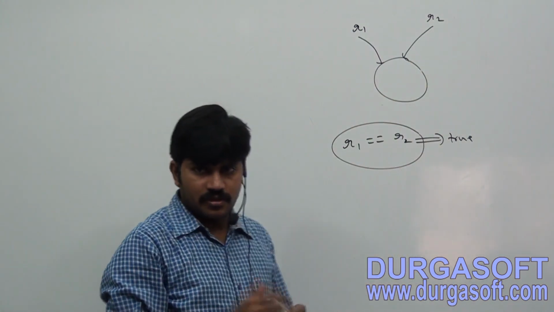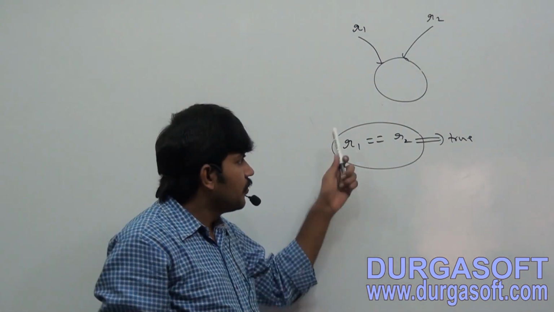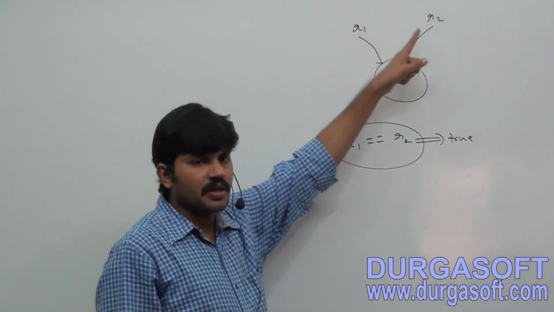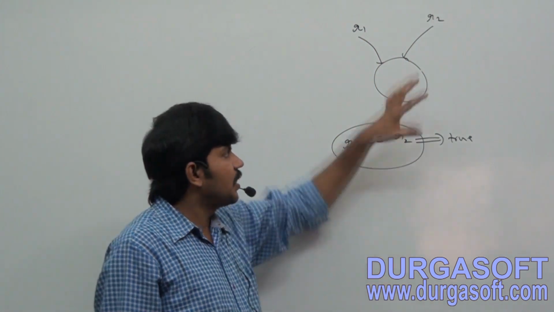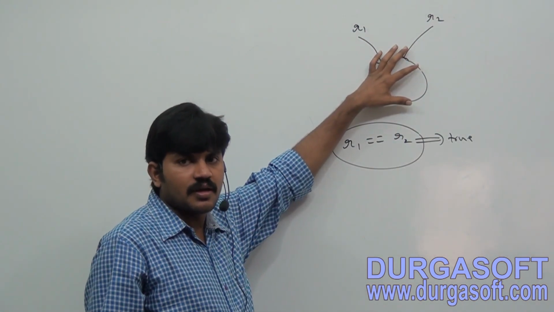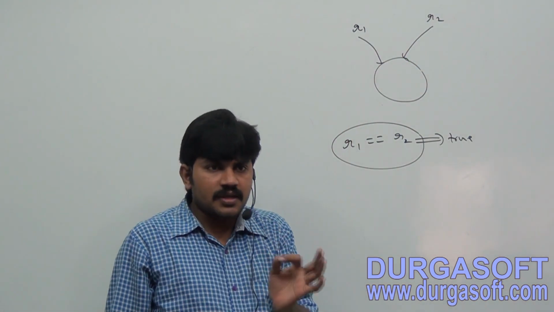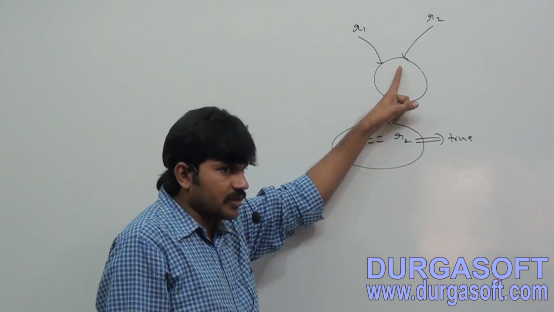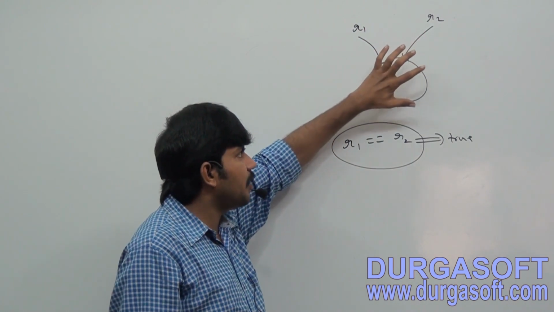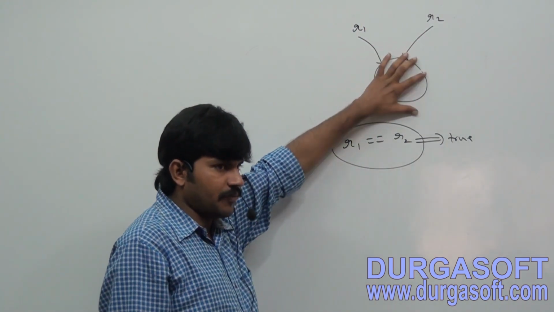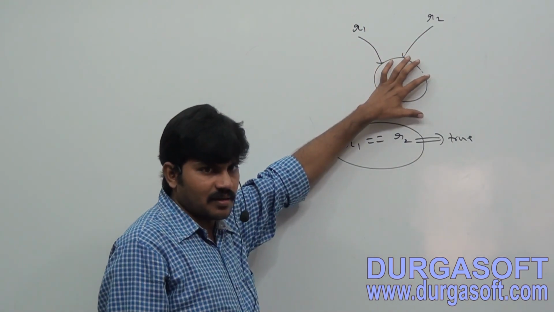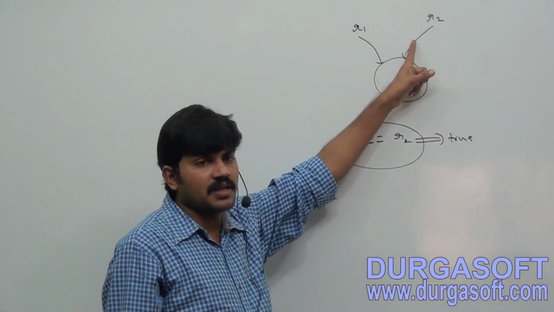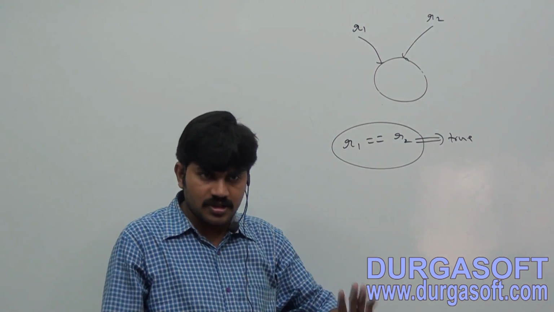That is, equality operators are meant for reference comparison, address comparison. They check whether both are pointing to the same object, the same reference, or the same address. Are you able to understand?